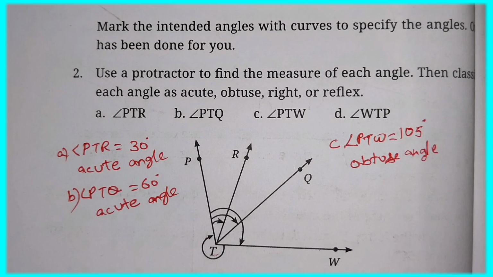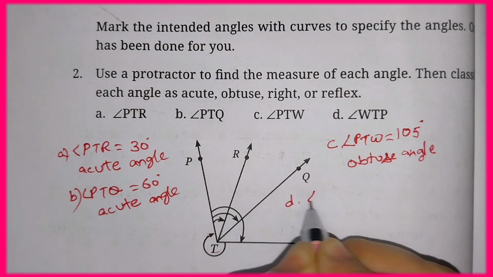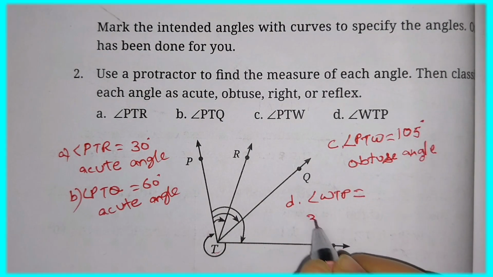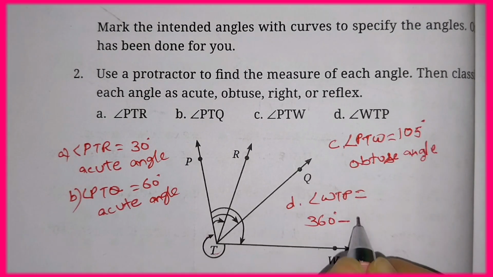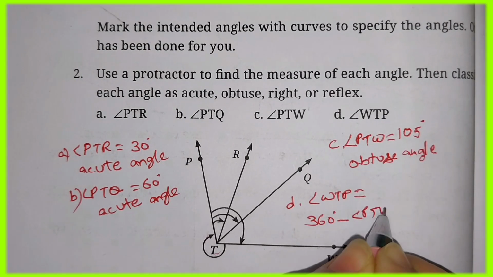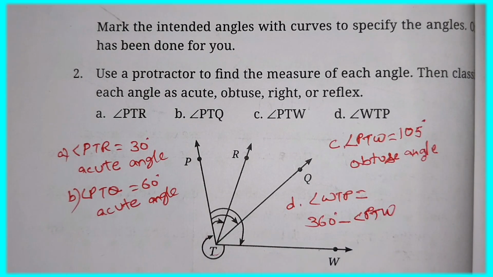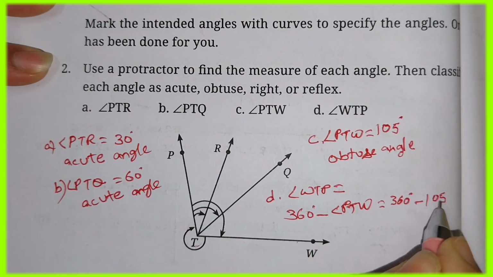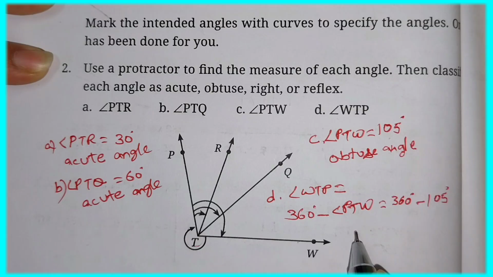Notice that WTP is the larger angle going all the way around from line TW back to line TP. So to measure, we can subtract 360 minus angle PTW. We know the angle PTW is 105 degrees.